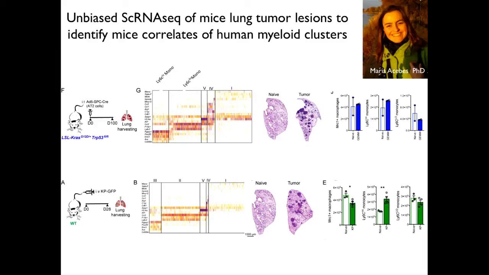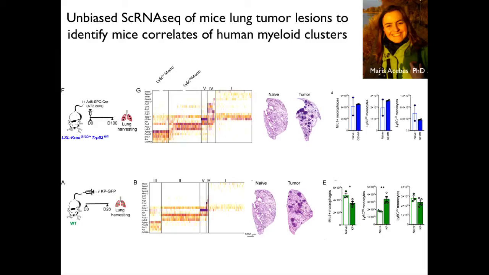In these tumors, lung epithelial cells express a KRAS mutation and a p53 flox allele, and we use either a tumor graft or we directly induce tumor development using this adenovirus Cre that Tyler Jacks described. So we obtain very nice lung adenocarcinoma lesions that resemble the ones that we see in patients.